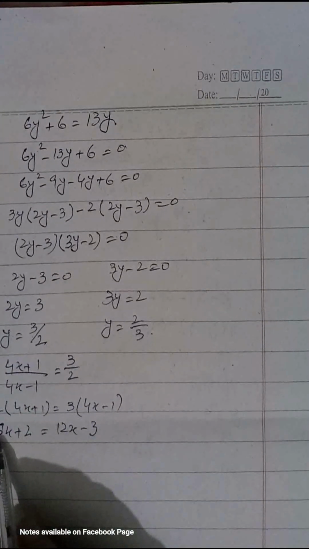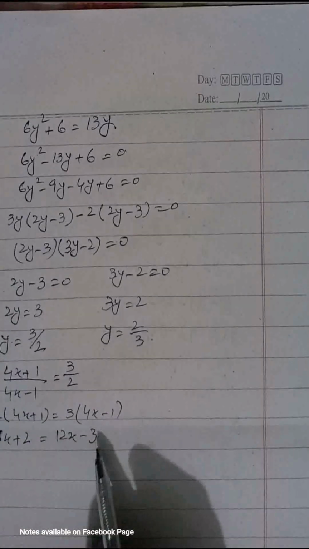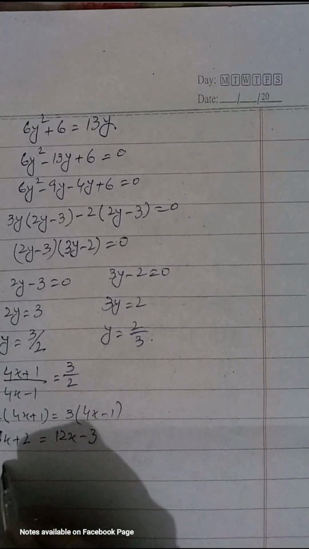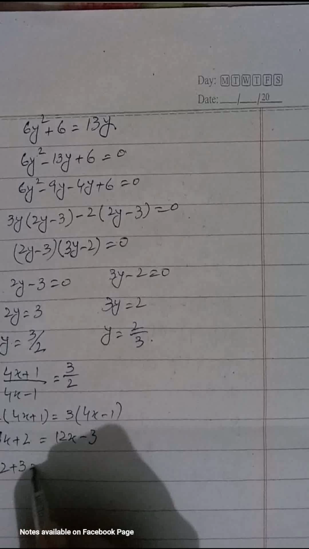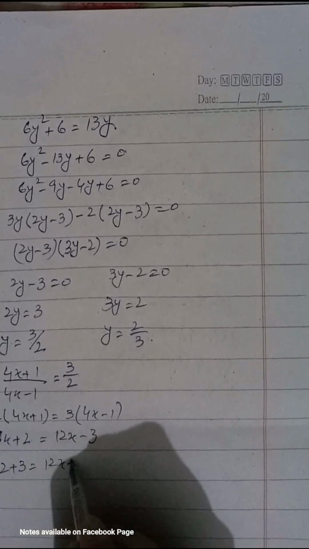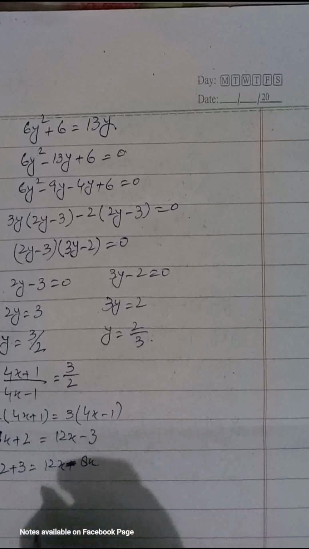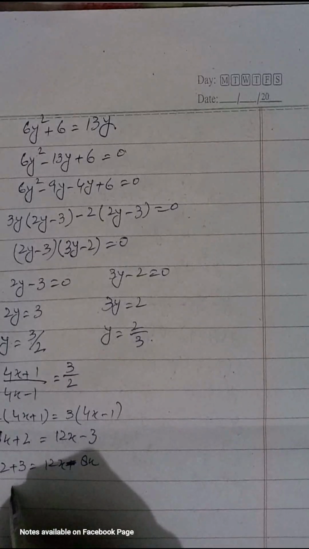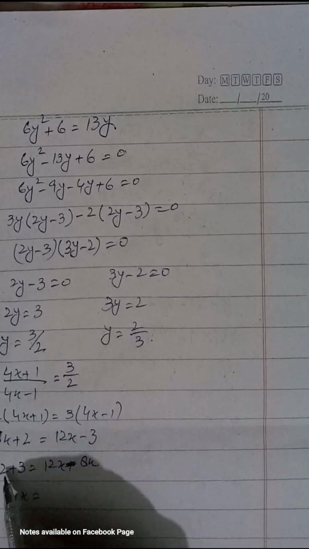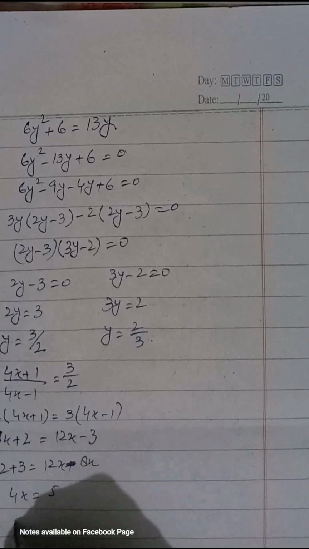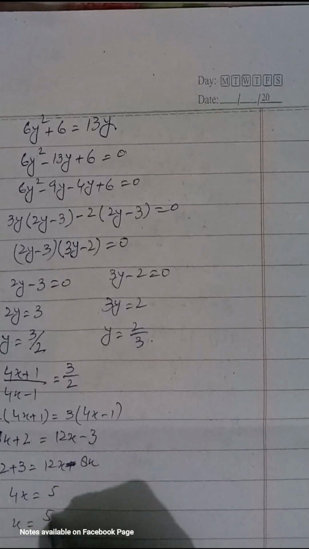We shift 8x to the right side and 3 to the left side. We get 2 plus 3 is equal to 12x minus 8x. 12x minus 8x is equal to 4x is equal to 2 plus 3 is equal to 5 and x is equal to 5 over 4.